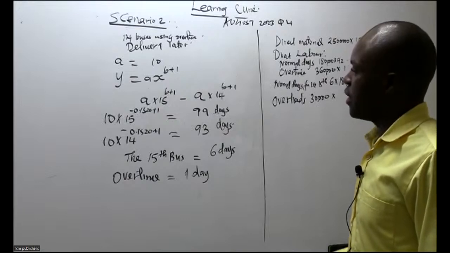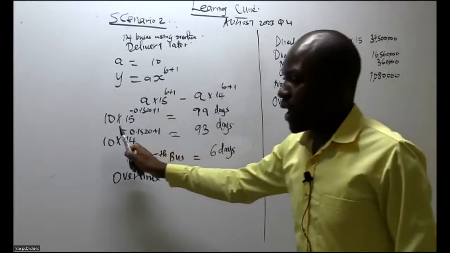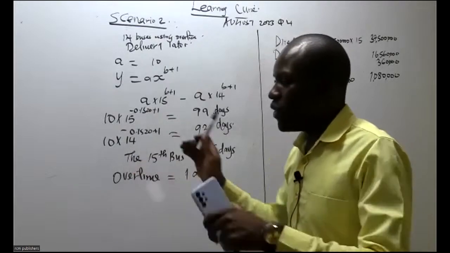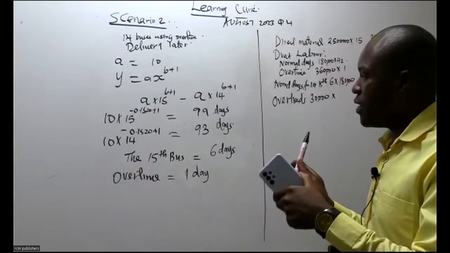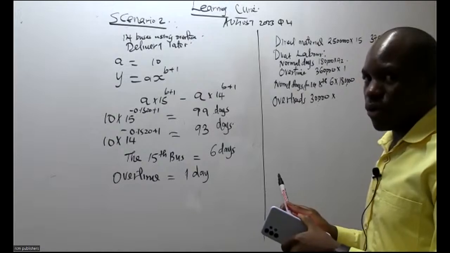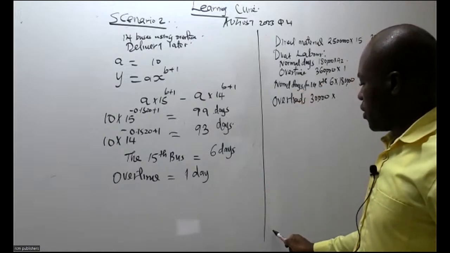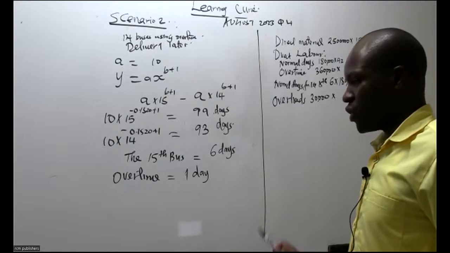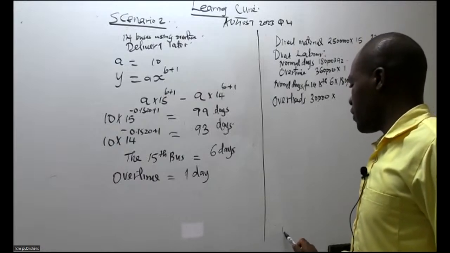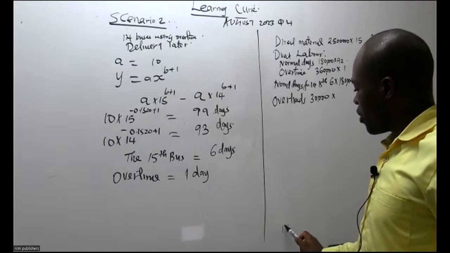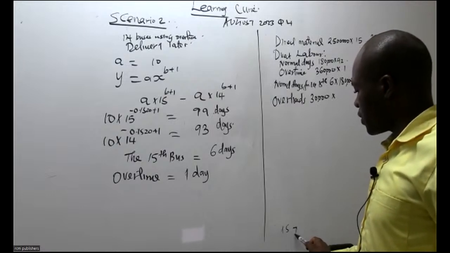Now, during the production of the 14 buses, within the time allowed, you are told that if you are given this tender or contract, you need to complete it within 15 days. If you go beyond 15 days, for the extra days, we are going to charge you.